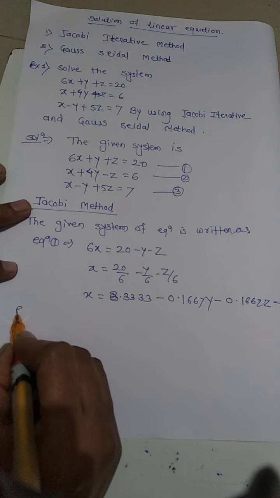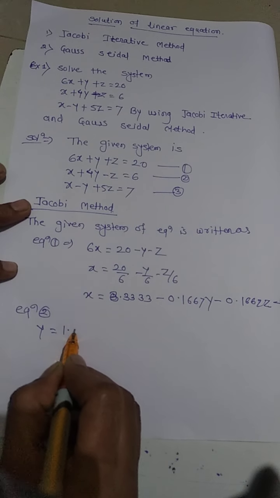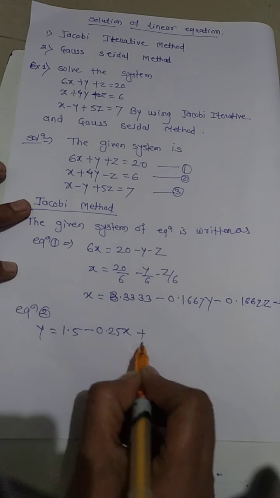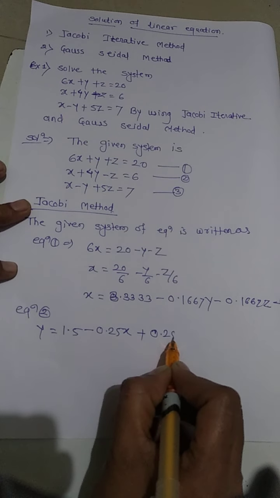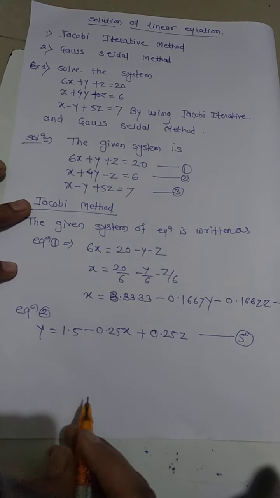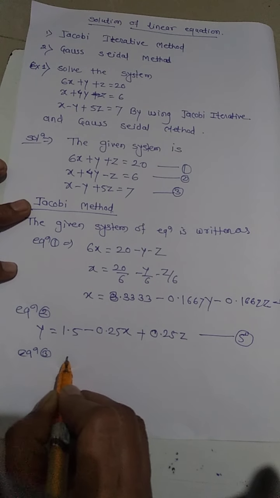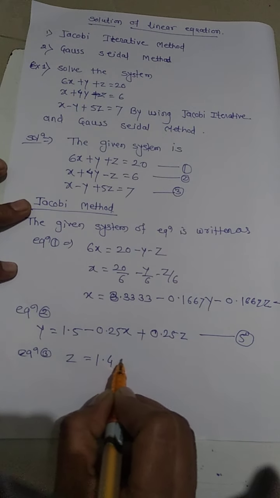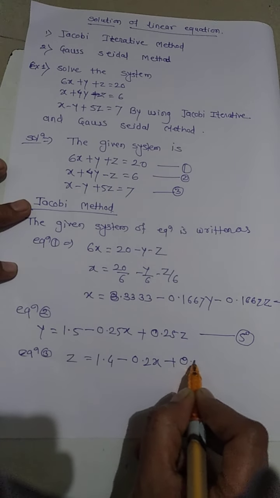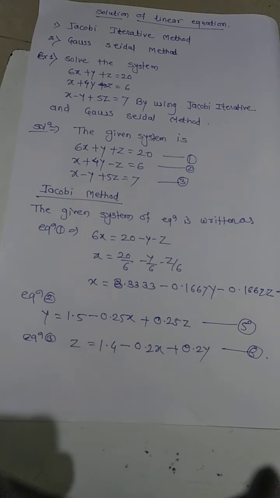Then from equation 2, y is equal to 1.5 minus 0.25x plus 0.25z, that is equation number 5. And from equation 3, z is equal to 1.4 minus 0.2x plus 0.2y, that is equation number 6.